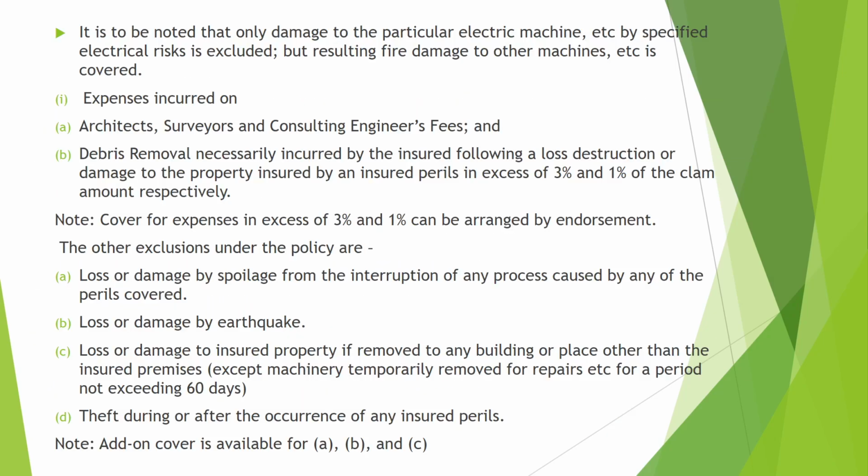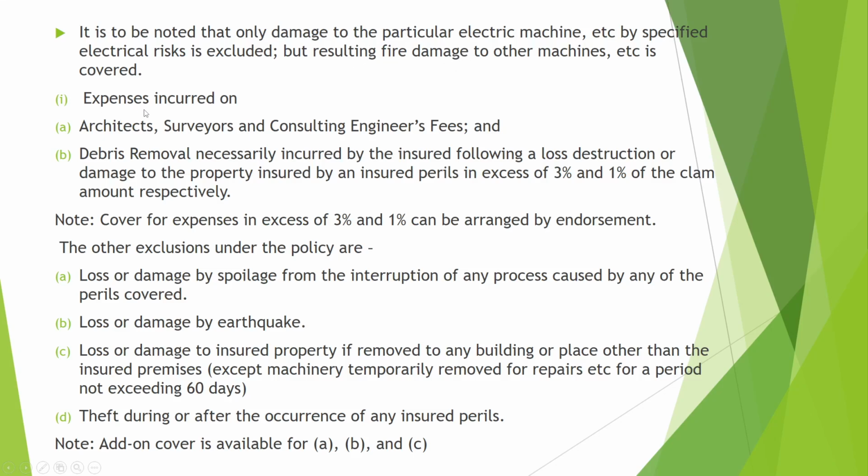It is to be noted that only damage to the particular electrical machine etc. by the specified electrical risk is excluded, but resulting fire damage to other machines etc. is covered. If it is damaged by fire, you can claim it. If it happened due to overload or short circuit, you cannot cover it under fire damage.